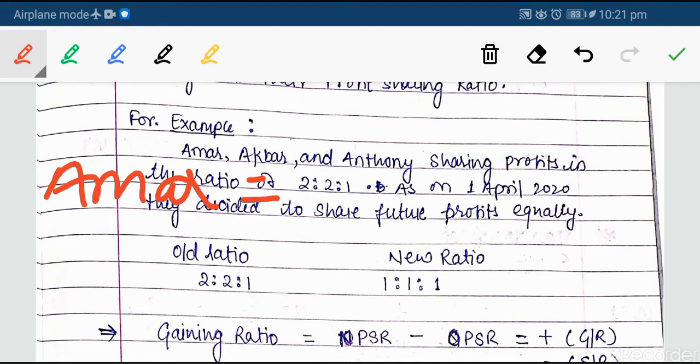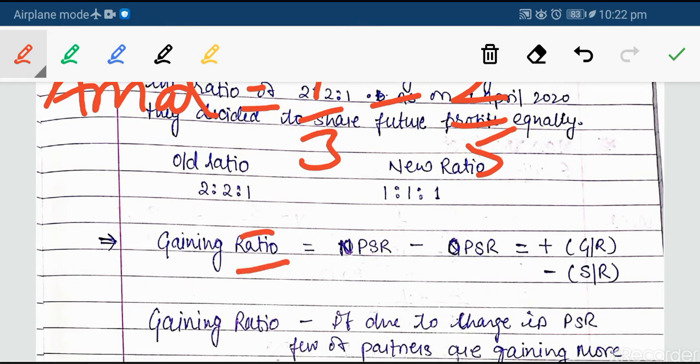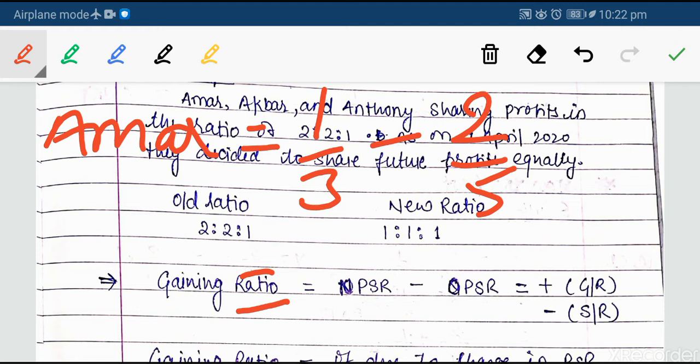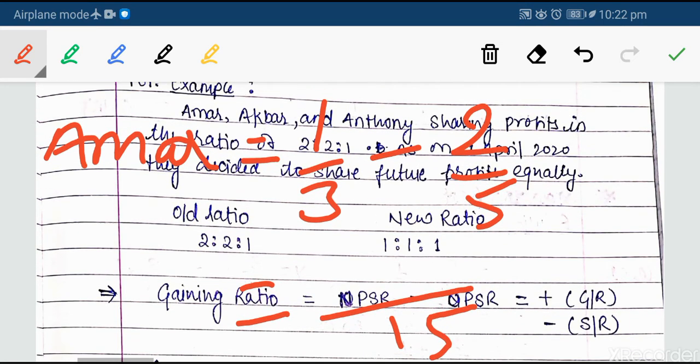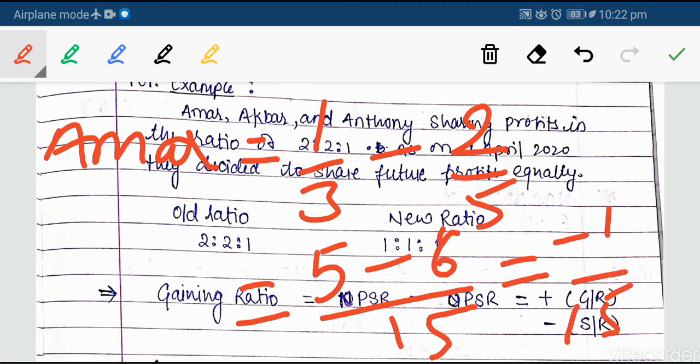The new profit sharing ratio of Amar is 1/3, minus the old profit sharing ratio of Amar, which was 2/5. The LCM is 15, so 5 ones are 5 minus 2 threes are 6, so I am getting minus 1/15. So what does this mean?